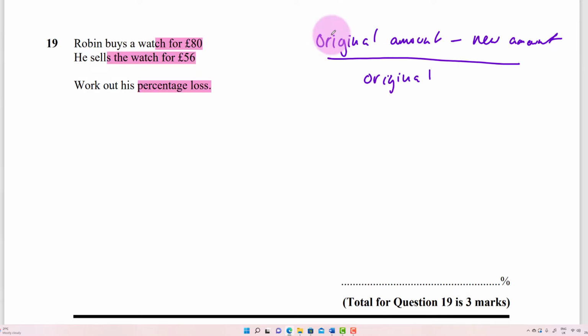So the original price is 80. So we've got to do 80 minus 56 divided by the original, which is 80. So let's work that out.